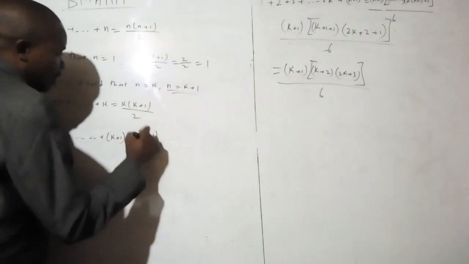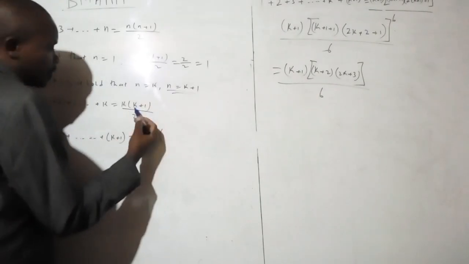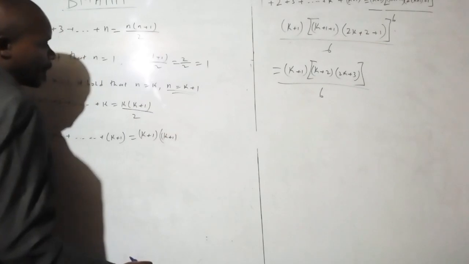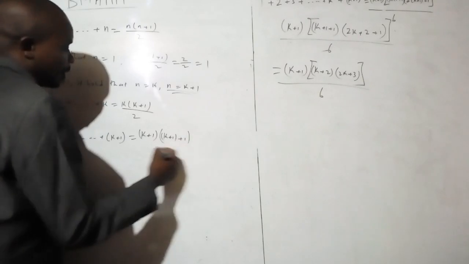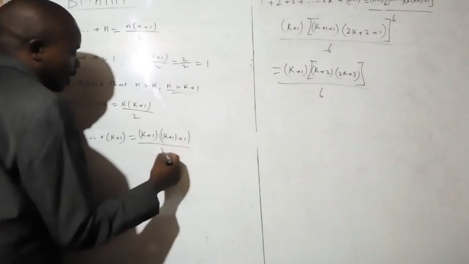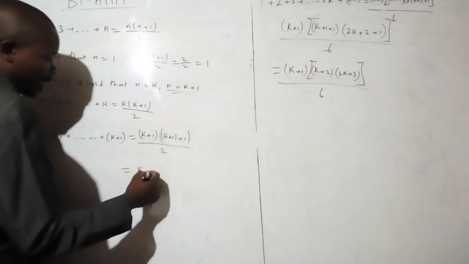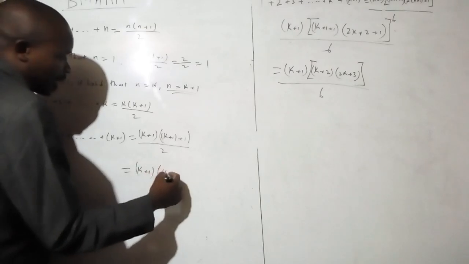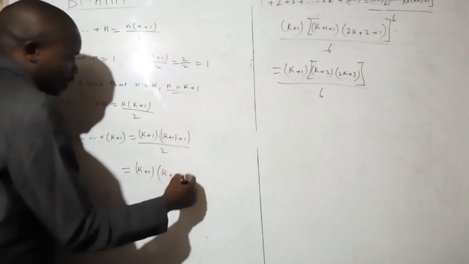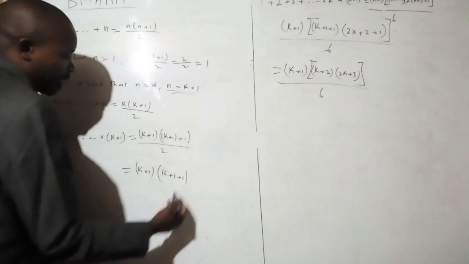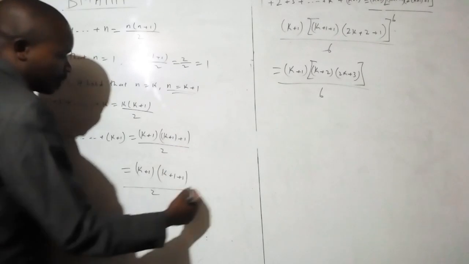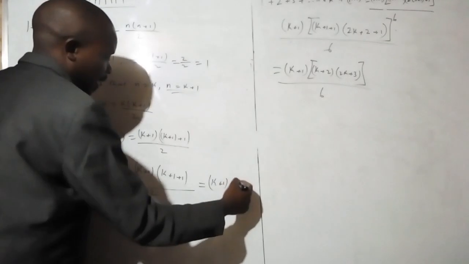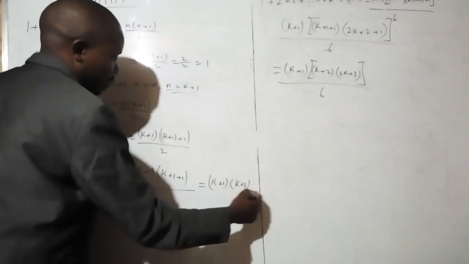Here we are also going to have k plus 1 plus 1 all over 2 to be k plus 1, k plus 1 plus 1, once you open the bracket here, all over 2, and this will be k plus 1, then k plus 2 all over 2.